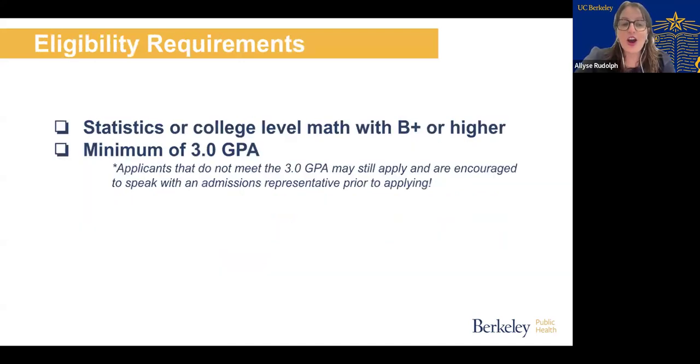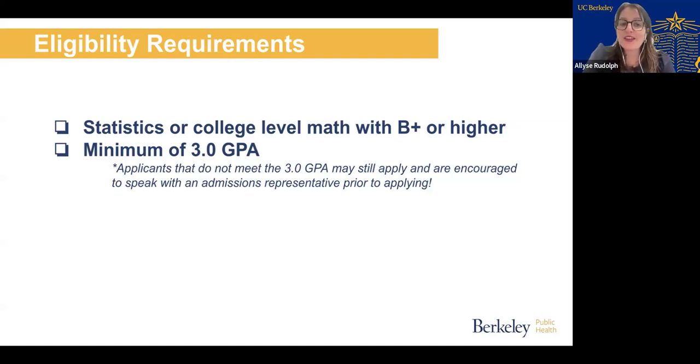So to kick things off, there's a couple minimum requirements that are actually required by either the program or UC Berkeley. So the first is statistics or college level math with a B+ or higher. I wanted to speak to this in a bit more detail, but essentially what this represents is quantitative preparation.